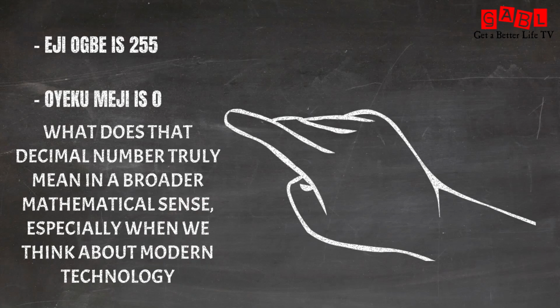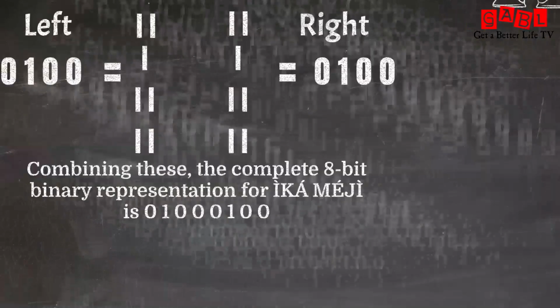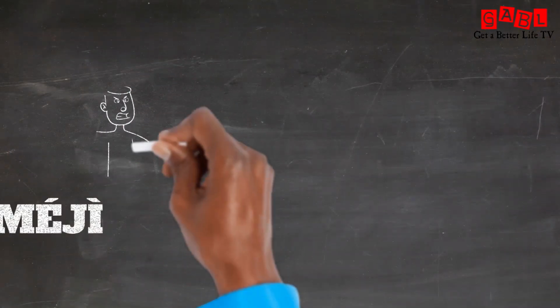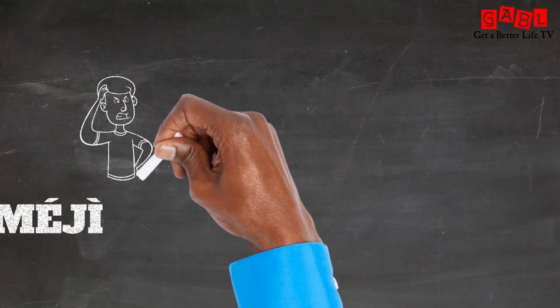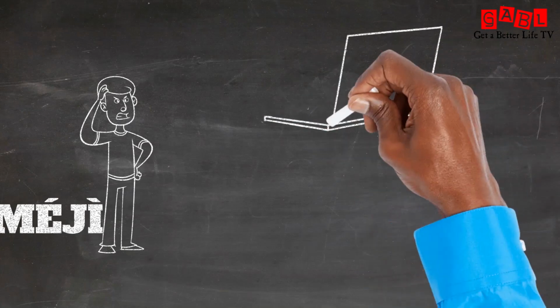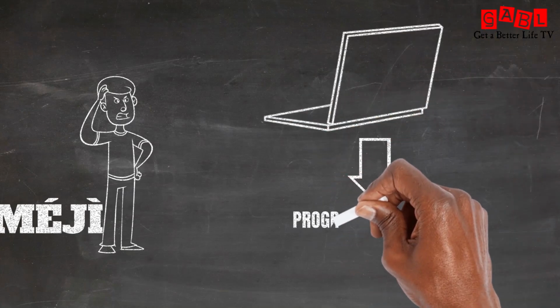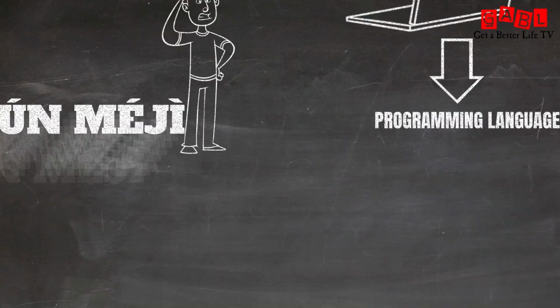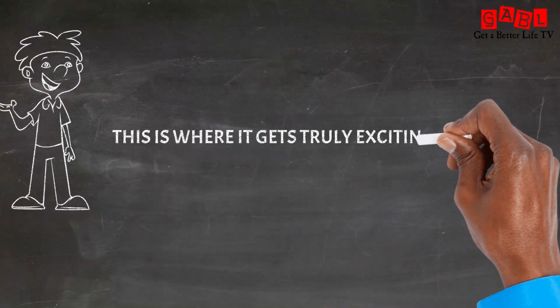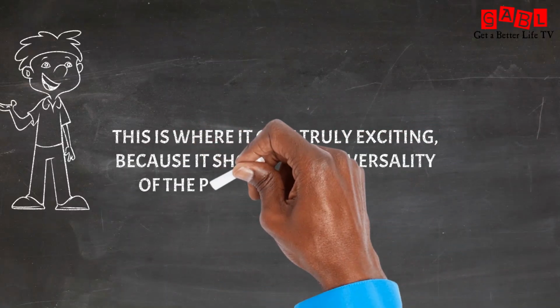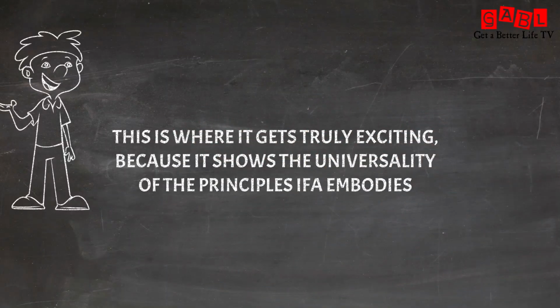Now, the big question is, what does that decimal number truly mean in a broader mathematical sense, especially when we think about modern technology? And how does this ancient wisdom connect to something as contemporary as a computer programming language? This is where it gets truly exciting because it shows the universality of the principles Ifa embodies.